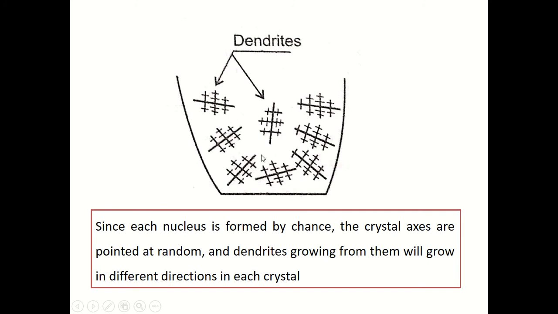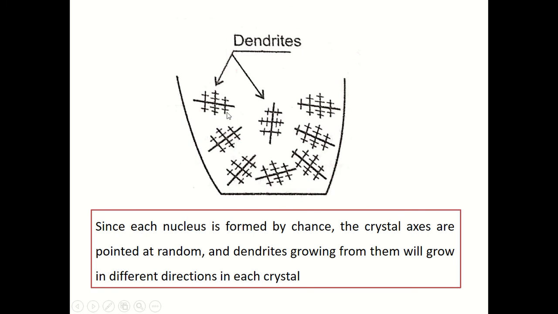This is something like a crystal skeleton, I will say. If you take a single dendrite, it's like a crystal skeleton. Here you can see that there is a primary axis, or crystal axis, from which the arms begin to form. I mean the arms begin to grow in all directions depending upon the lattice pattern.